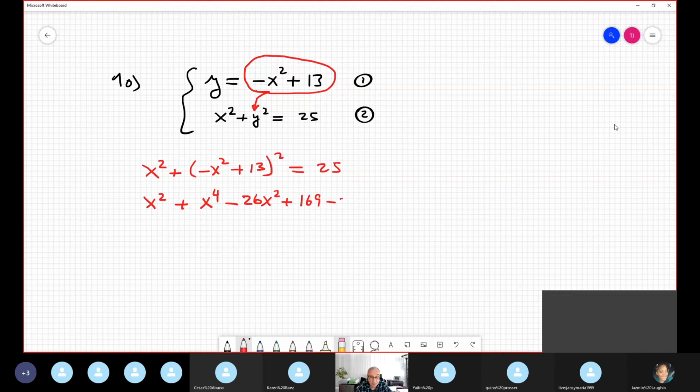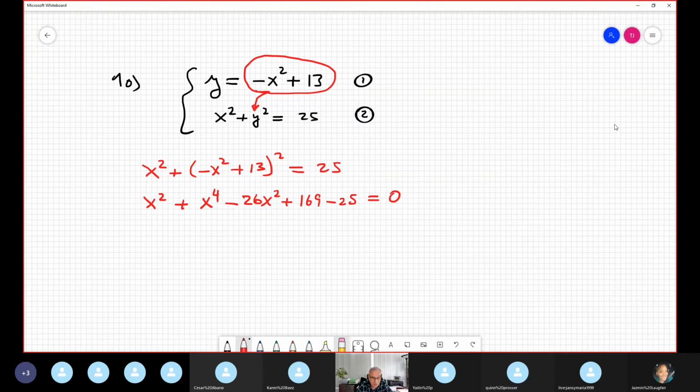Minus 25 equals 0. In that moment we have not exactly a quadratic, but it's quadratic in form, no?